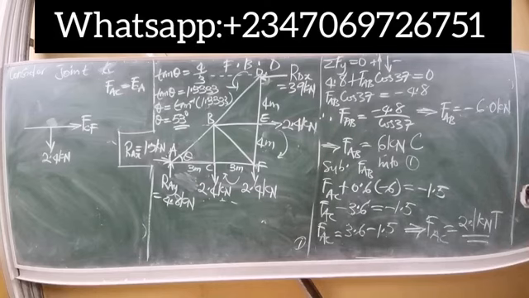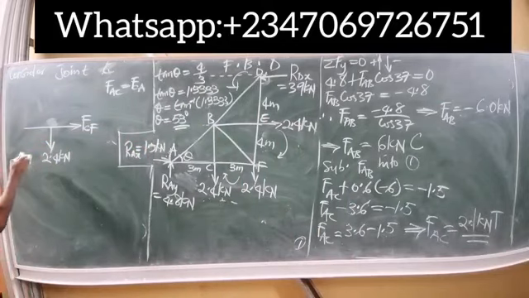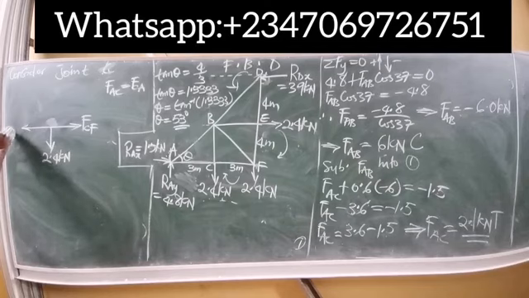If it pulls out of the joint, it is in tension. But if it pulls towards or into the joint, it's in compression. So we assumed tension and we had positive, which means it's correct. So at this joint, relative to C, this force is also pulling out, a tensile force. And this is the force at joint C relative to A. The value was known as 2.1 kilonewtons.